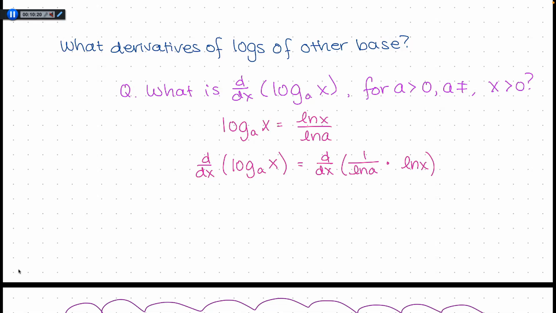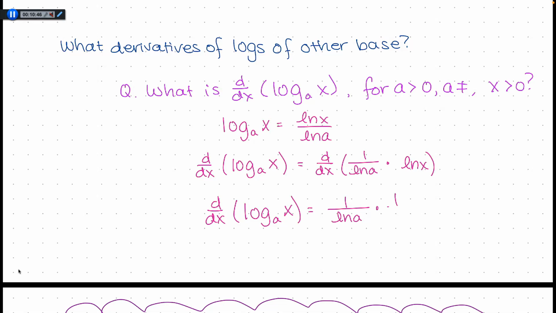So the derivative of log base a of x, since the derivative of the natural log of x is just 1 over x, is 1 over x times this coefficient. And that's pretty much it. You'll see this written in different ways.